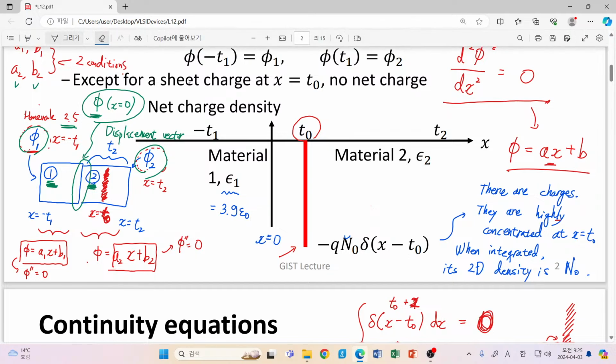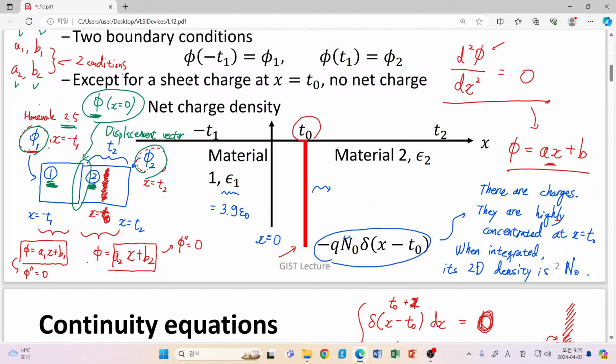Actually, let me just give you the final word. Here, you have the net charge density given as here. Therefore, it is contributing to your rho, the net charge density.